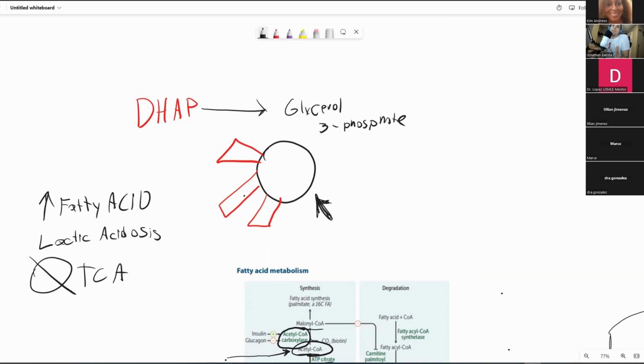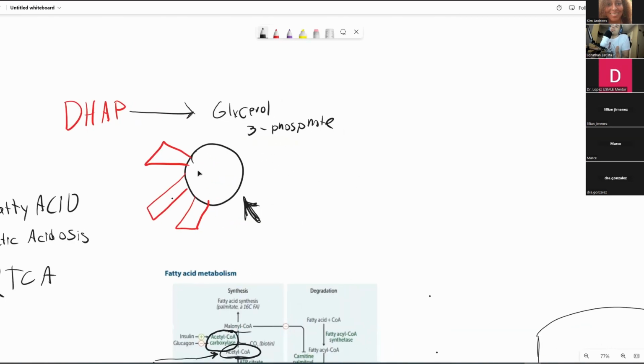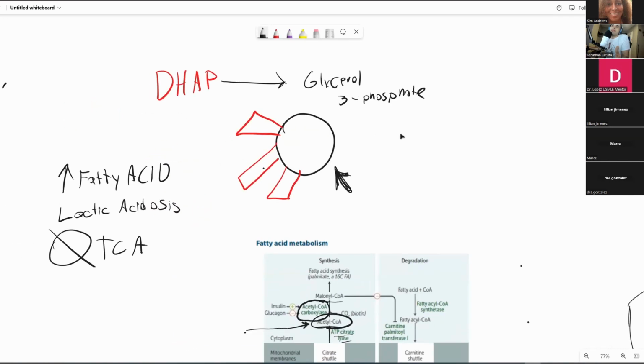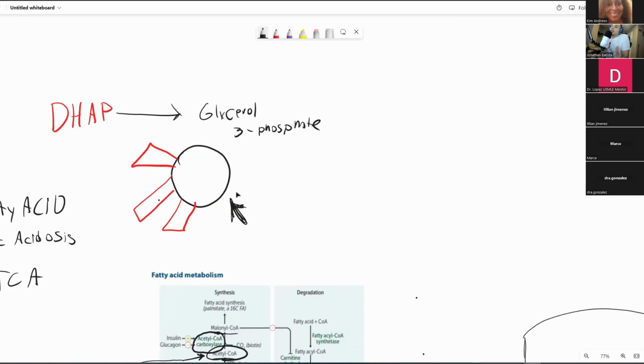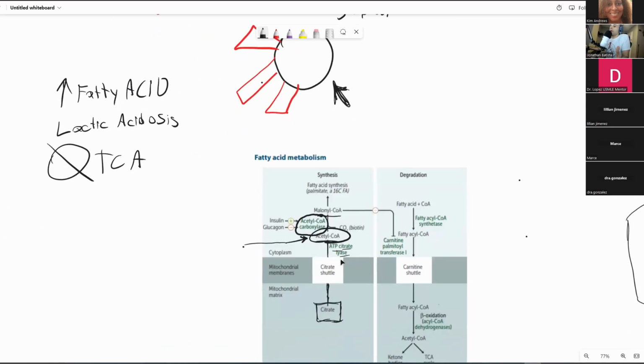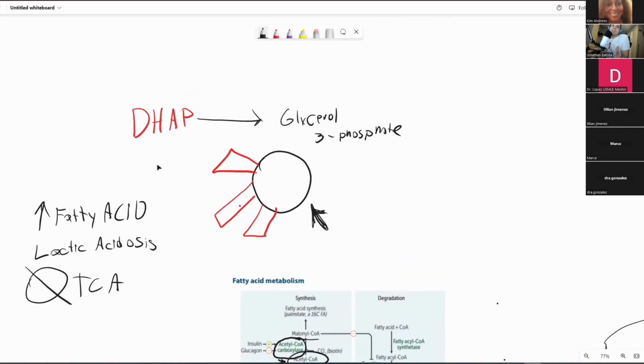This is how it happens. Basically, this starts to accumulate in the cytoplasm of the liver, and it increases, gets very high. And it's affecting the cytoplasm because acetyl-CoA is outside in the cytoplasm at this moment.